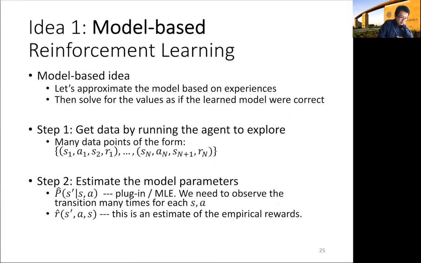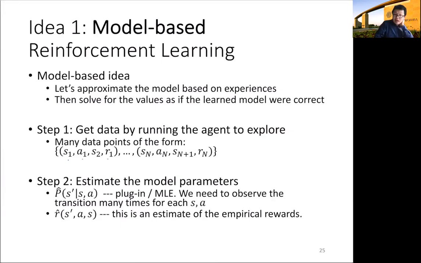The agent will pick some actions at state 1, and then transition to state 2, collect immediate reward. And we can get a bunch of these. These are coming from a certain distribution that depends on both the agent's choices and the distribution of nature. Once the agent starts to explore, we'll get a bunch of data like this.